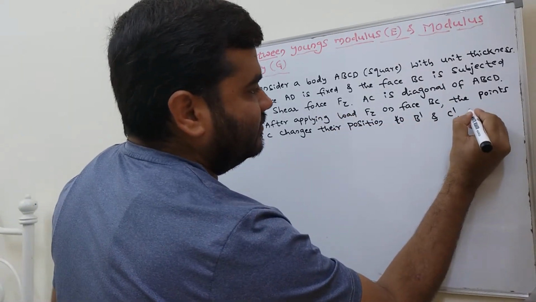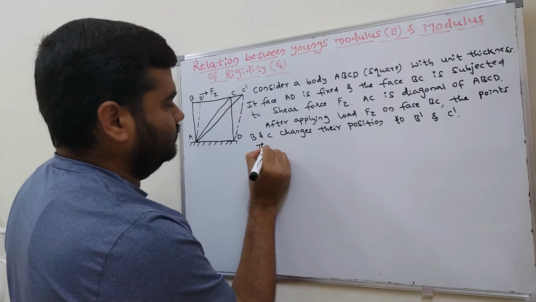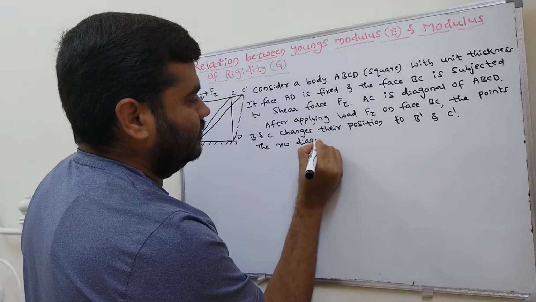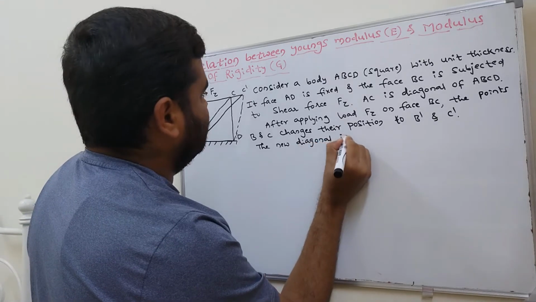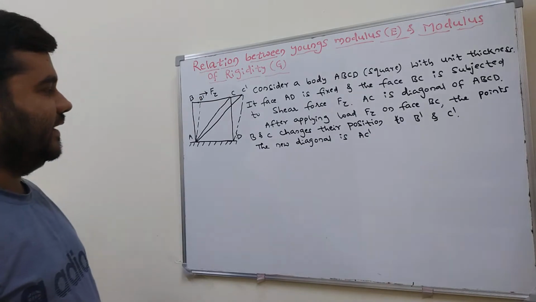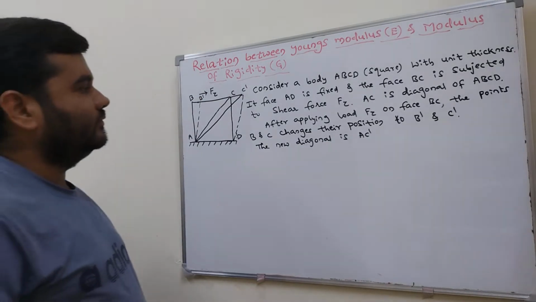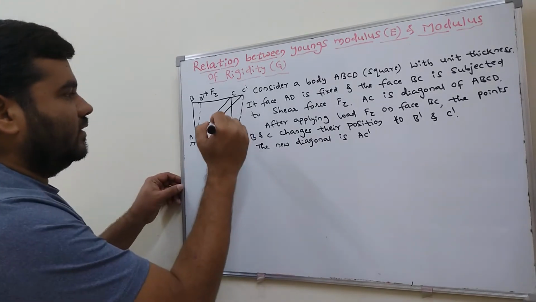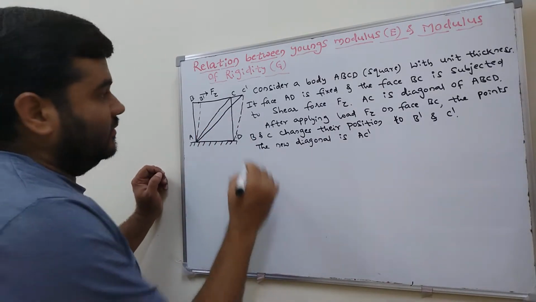The new diagonal is AC dash. Okay. Now draw a line.